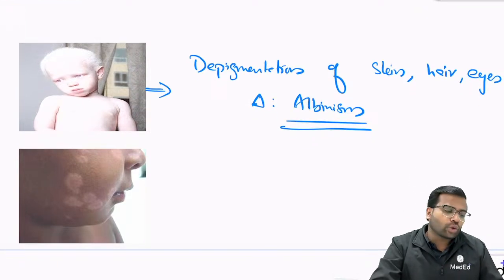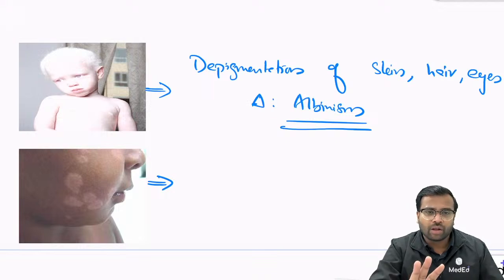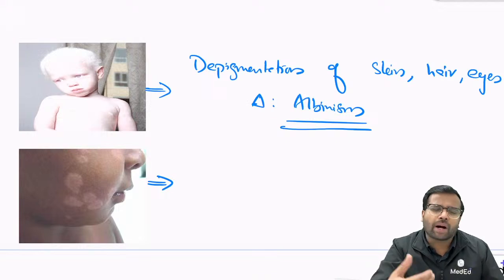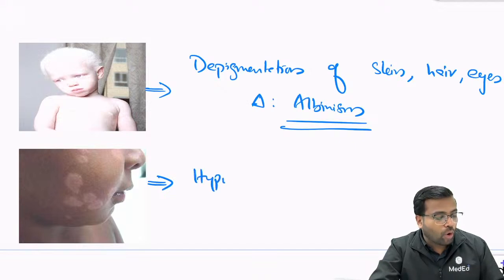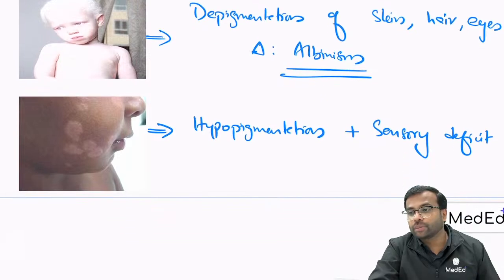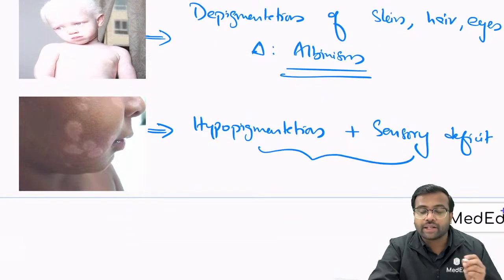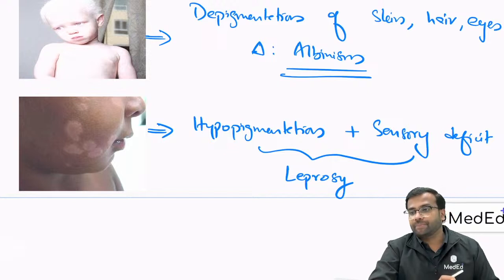So earlier, as I told you, if a patient is coming to you with multiple hypopigmentation along with sensory deficit, then in these circumstances, whenever you see sensory deficit, always think about leprosy, isn't it?